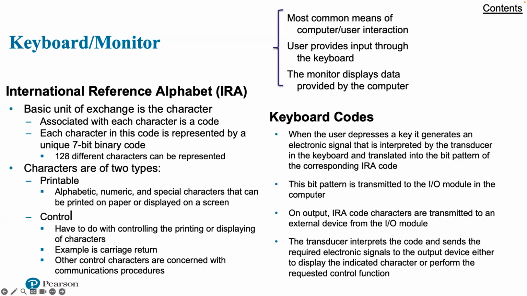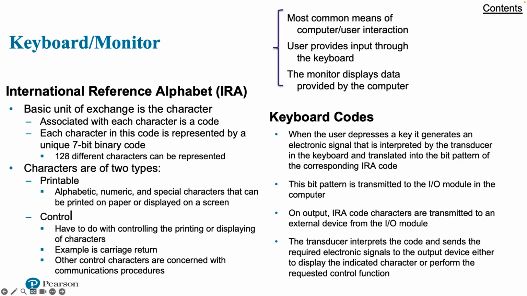Printable characters are the alphabetic, numeric, and special characters that can be printed on paper or displayed on a screen. Some of the control characters have to do with controlling the printing or displaying of characters. An example is a carriage return. Other control characters are concerned with the communication procedure. Appendix D has more details if you would like to check that out.